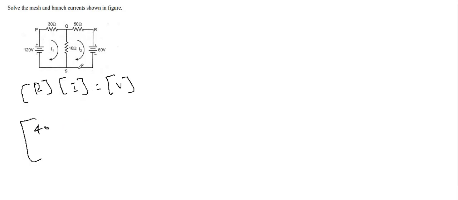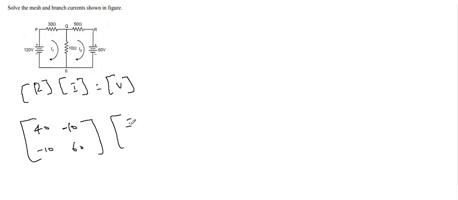And for R12, here it is the 10 ohm, which is common to loop 1 and loop 2, so it is 10. And here both the currents are in opposite direction, so here it is minus 10. So similarly R21 is also minus 10. And from loop 2, R22 value is 50 plus 10, so it is 60.